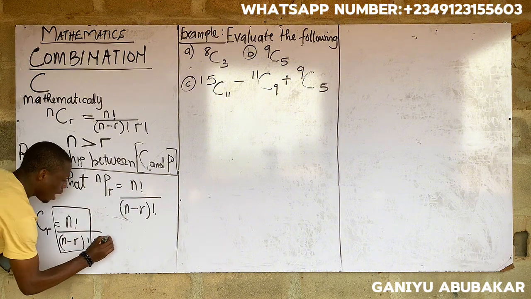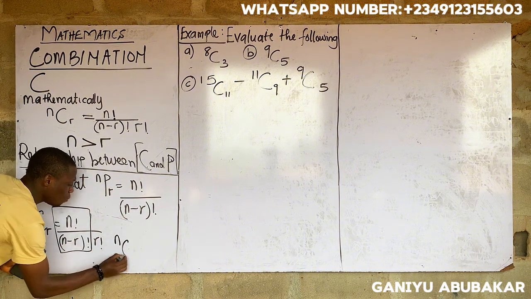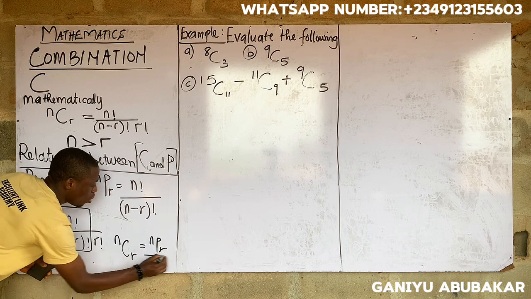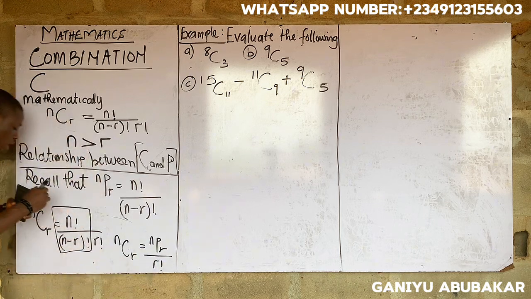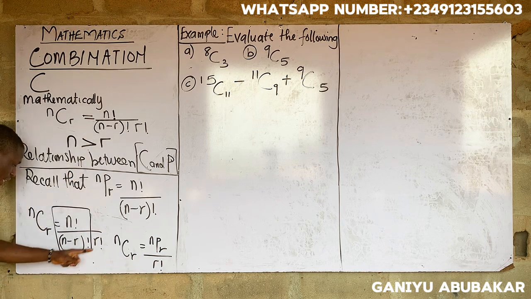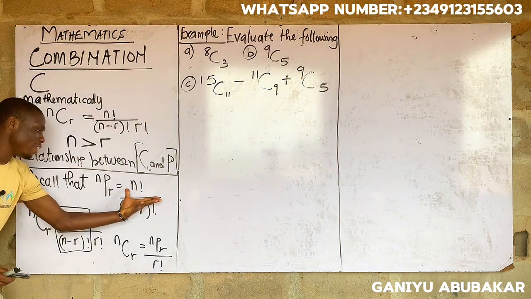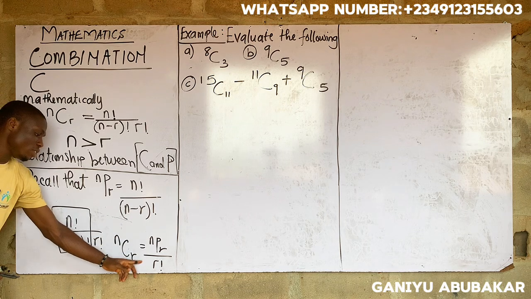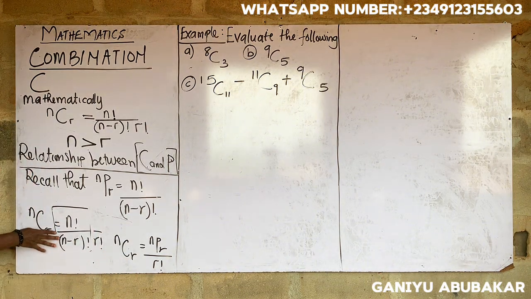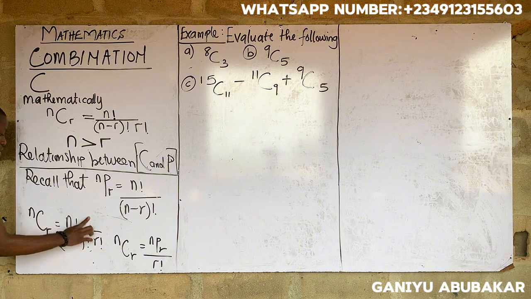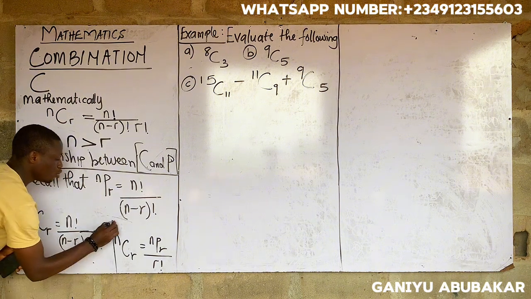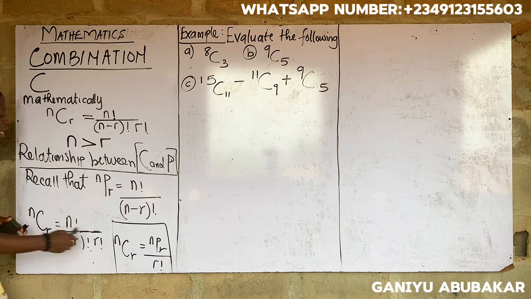So I can express n combination r as being equal to n permutation r all over r factorial. So this r factorial comes down here, and everything here is simply n permutation r. This becomes your relationship between permutation and combination.